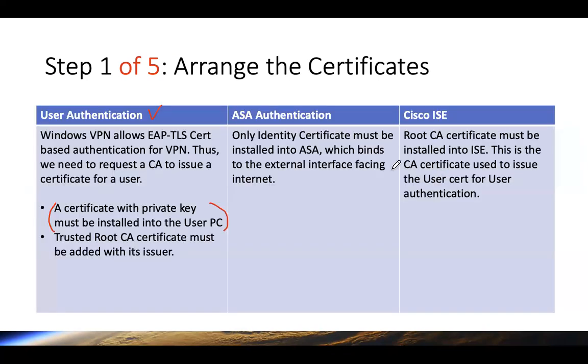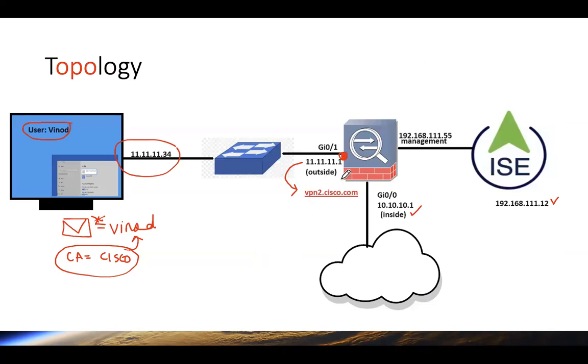Going back, ASA must also be configured with the certificate facing the internet. If I go back to the topology, this interface 11.11.11.1, the outside interface, which resolves into vpn2.cisco.com, must also be assigned a certificate, and this certificate's CA can be Cisco or Entrust, or any public CA as well.